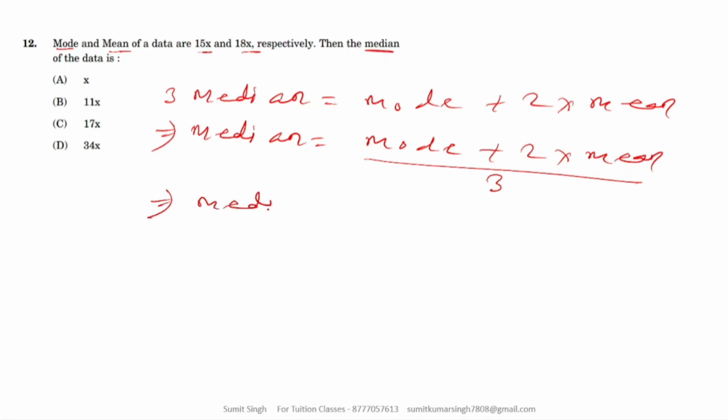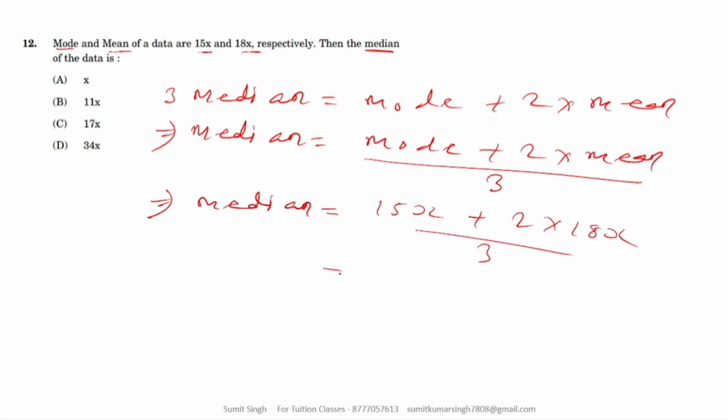So median is equal to (15x + 2 times 18x) divided by 3.